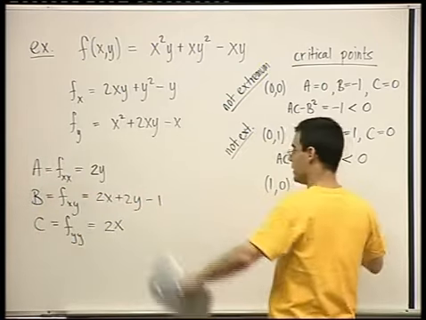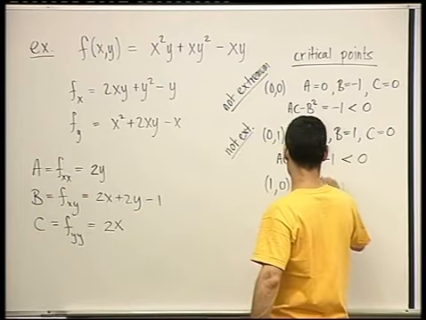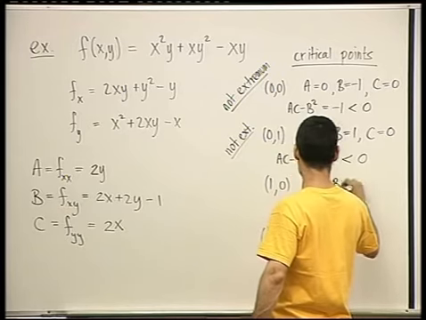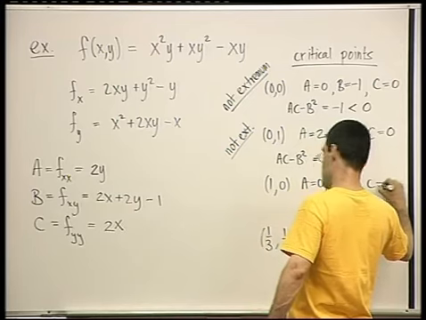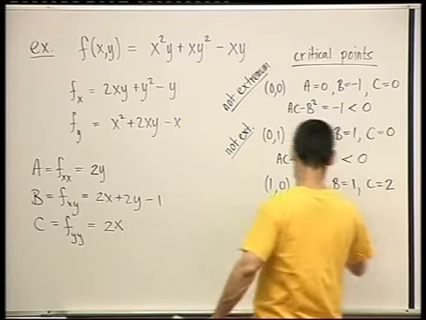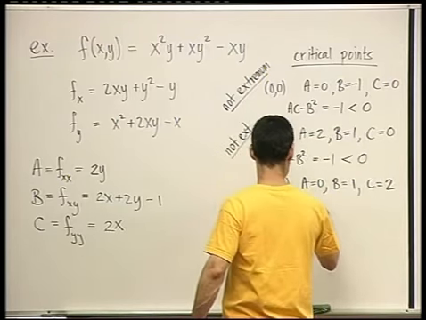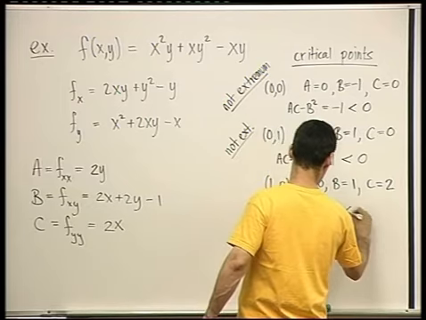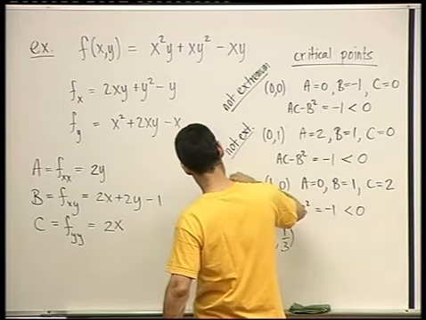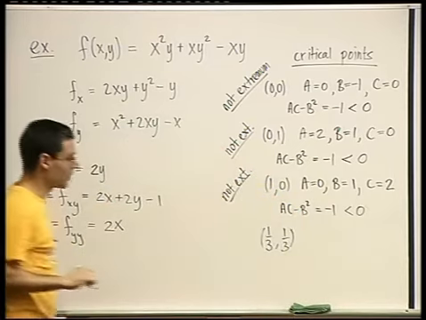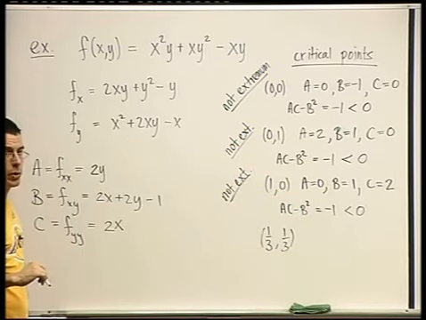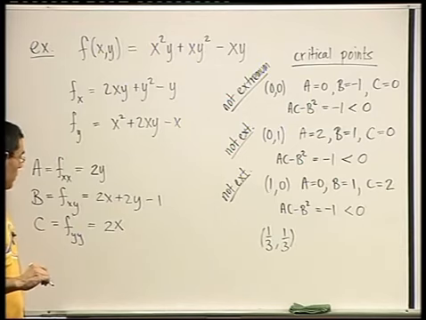What about 1, 0? I'm just plugging in the values. So a is 0, b is 1, c is 2, and ac minus b squared is again negative 1, and this point is not an extremum either. We have one last hope. 1/3, 1/3.